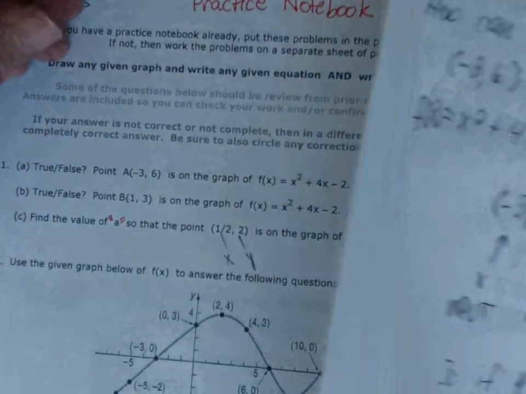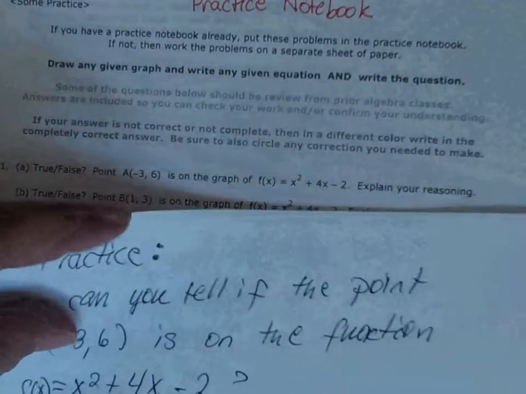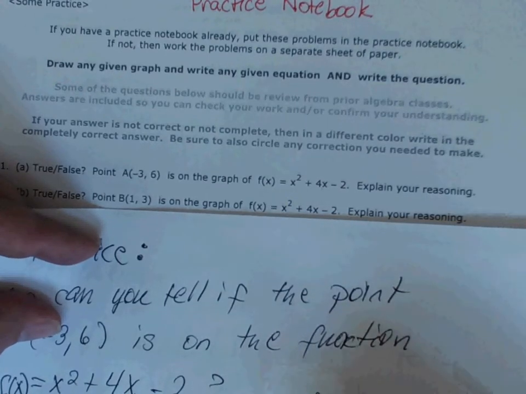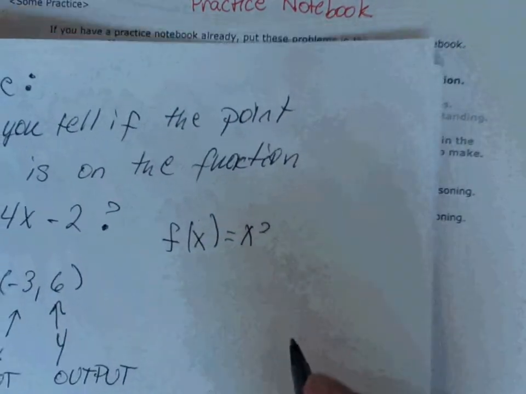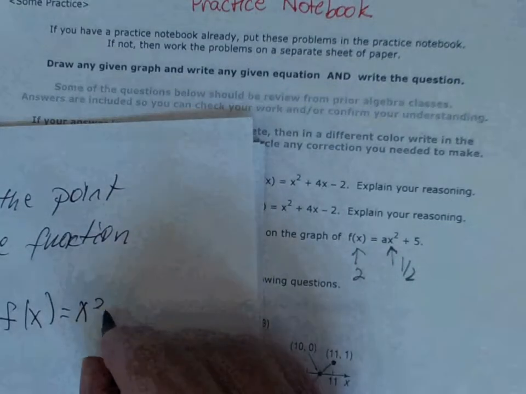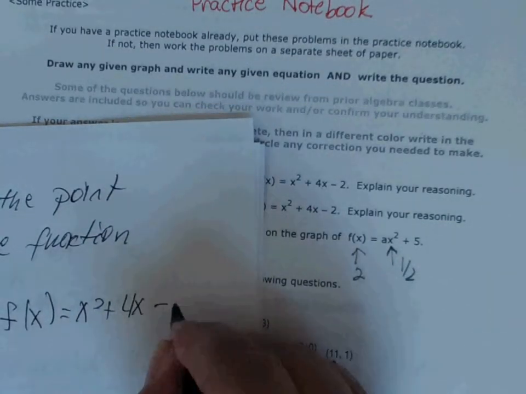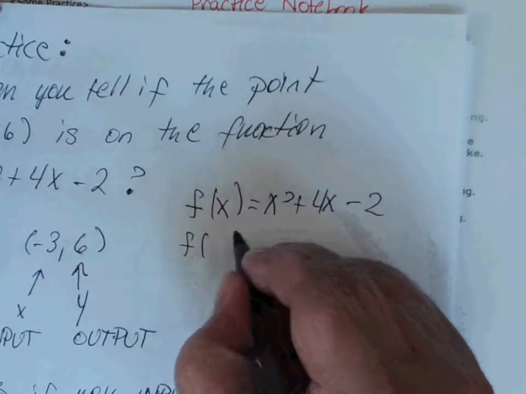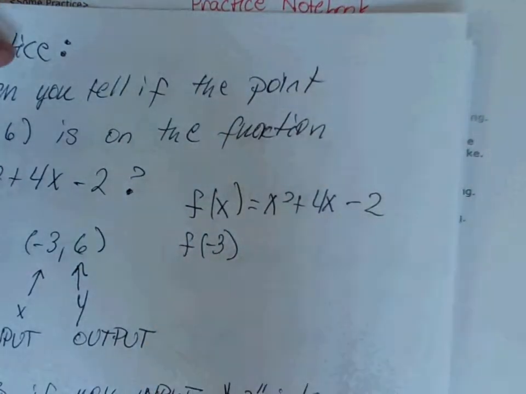So let's try it real quickly, right? Here's our function, f of x equals x squared plus 4x minus 2. Okay, we're going to input negative 3.